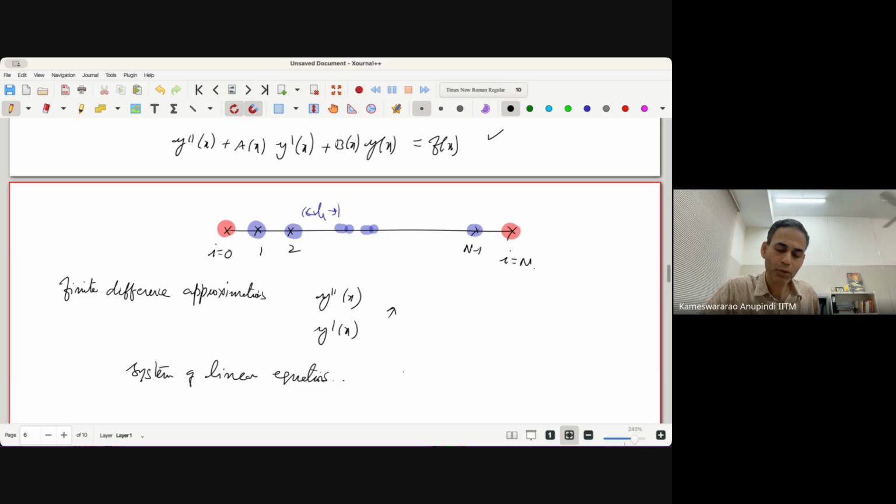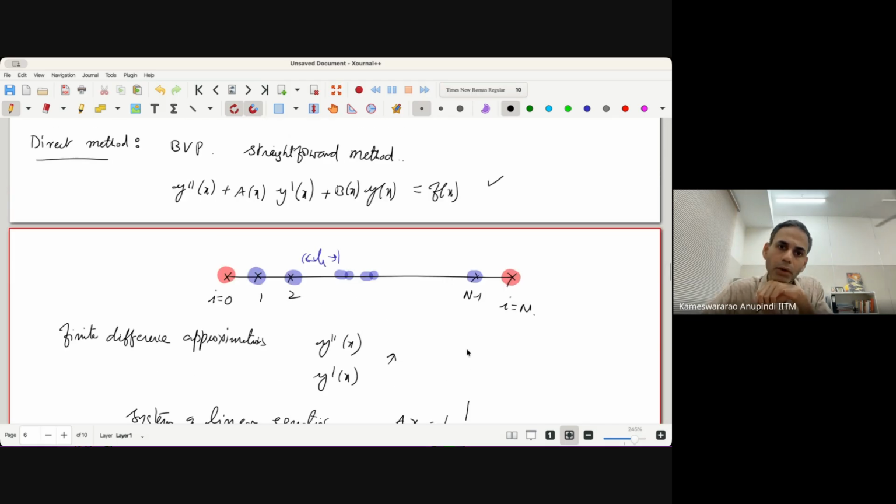Okay, that means you're going to eventually get some Ax equal to b, which needs to be solved. Okay, so that is the direct method.